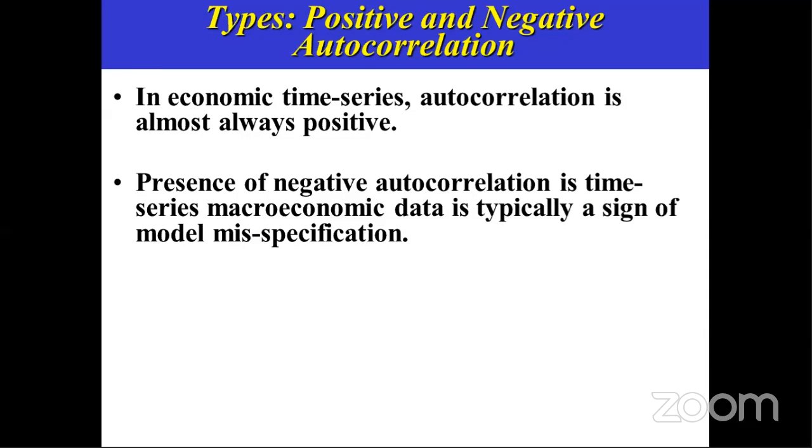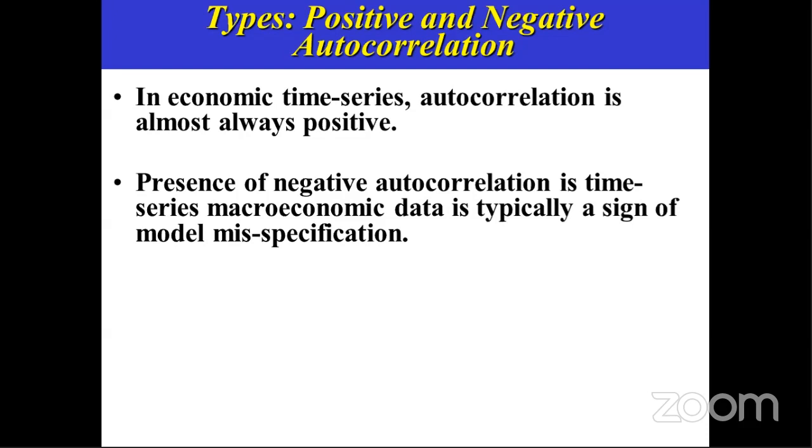Positive autocorrelation. So our discussion in this class, and also in most of the practical work, the problem of positive autocorrelation is more important for us than the negative autocorrelation, because negative autocorrelation in case of time series macroeconomic data is typically a sign of model mis-specification.